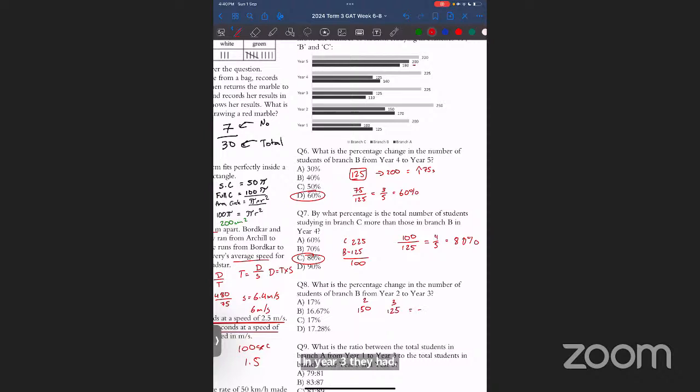So that was a decrease of 25 students, right? And it started off from 150. So you have to find 25 over 150, and that gives you 1 over 6, which is 16.67%.